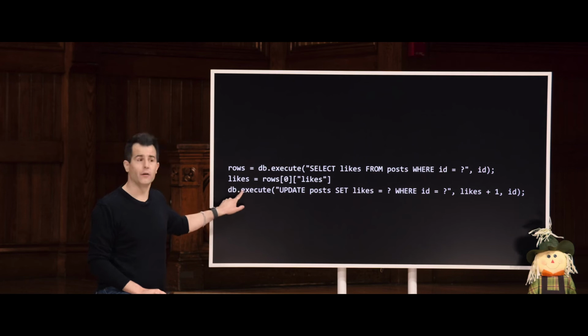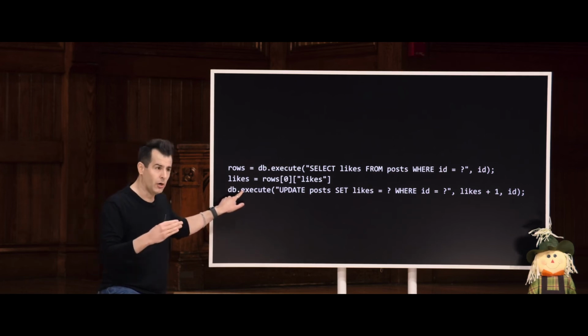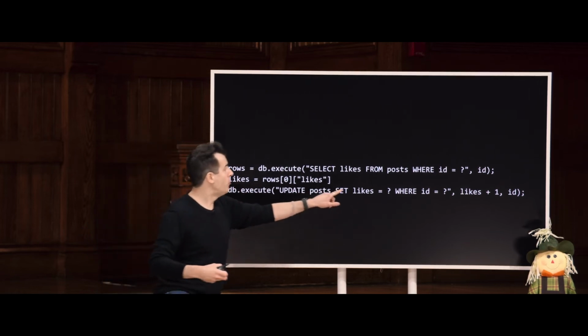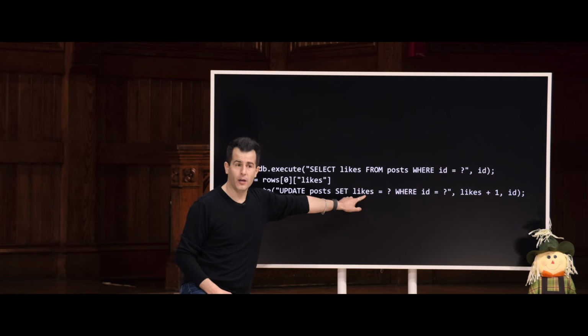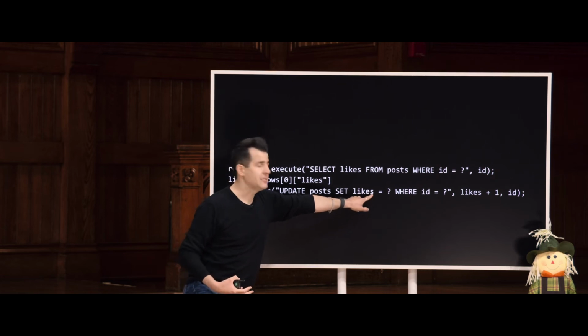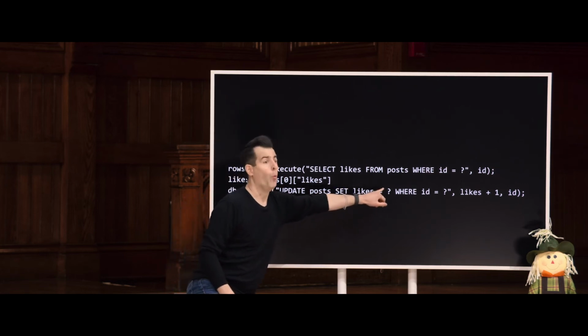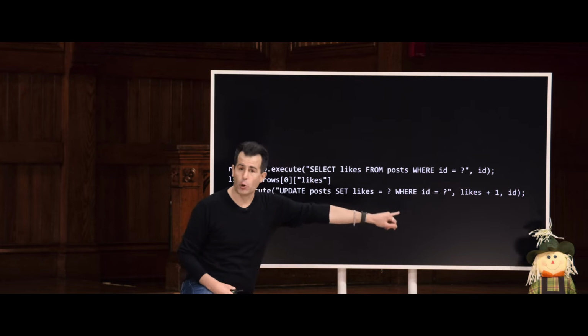But then this last line of code is executed for me and then maybe Carter. Because that answer, the state of the database, was stored in this variable, then both Carter and I will result in this line of code being executed with the same value. Update the posts table, setting the likes equal to 101 for that post's ID.